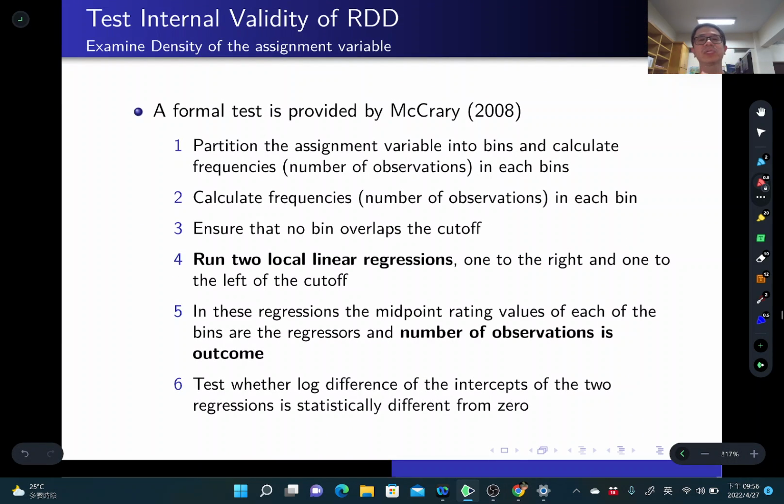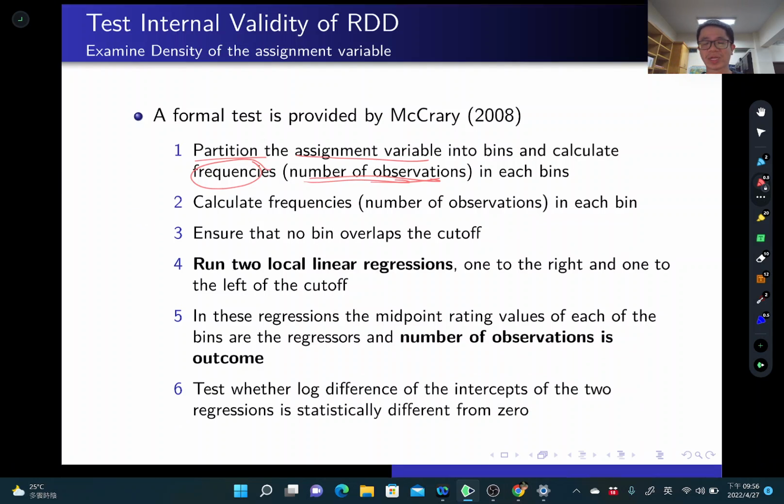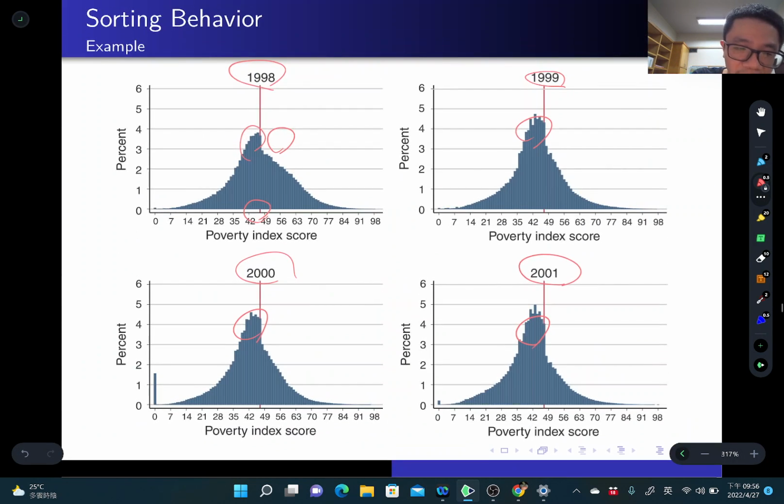You can also formally test it by doing the following. The first step is to partition the assignment variable into several intervals and calculate the frequency, the number of observations in each interval, each bin. Like this, for each interval, calculate how many individuals are in it.